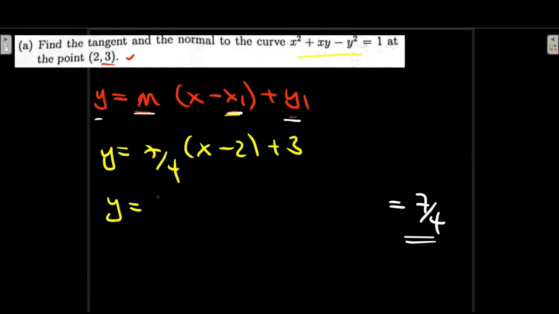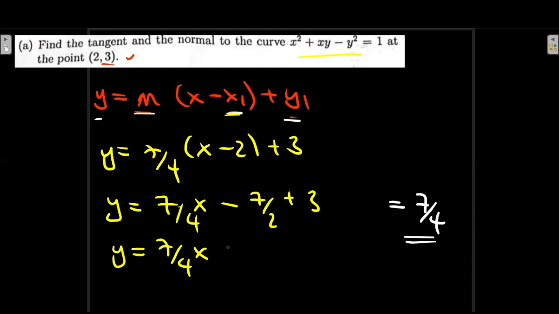Then here, I just expand this, and I have 7 over 4 x, then that there will just be -7 over 2 plus 3, like that. And that should give me, so I have 3 minus 7 over 2, and I just get negative half. So this is going to be y is equal to 7 over 4 x, then minus 1 over 2. This is the equation of the tangent.